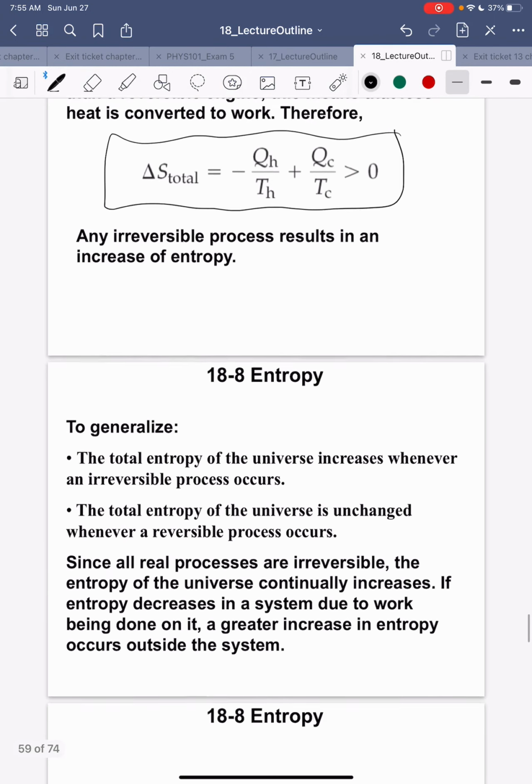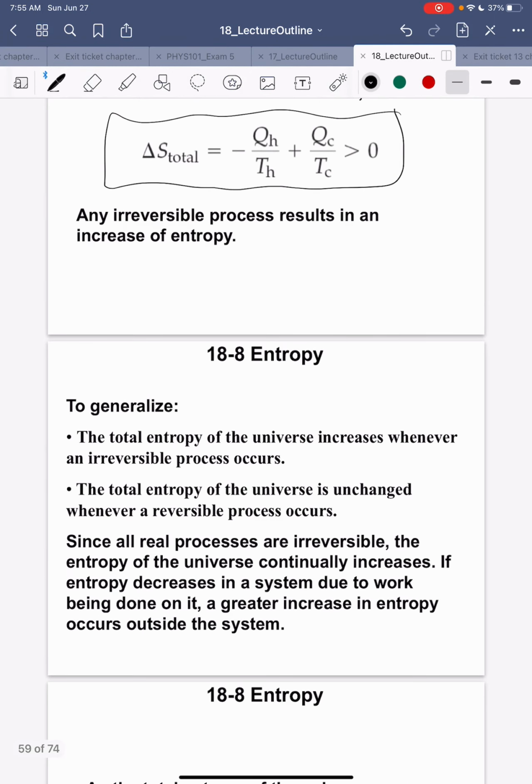Now, to make it general, the total entropy of the universe increases whenever an irreversible process occurs. The total entropy of the universe is unchanged whenever a reversible process occurs. Since all real processes are irreversible, the entropy of the universe continually increases.